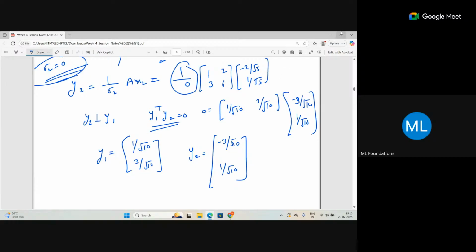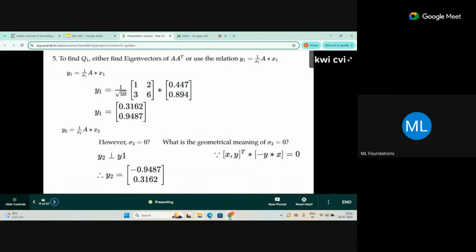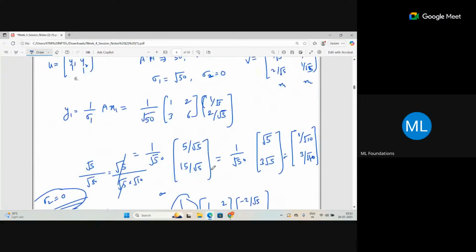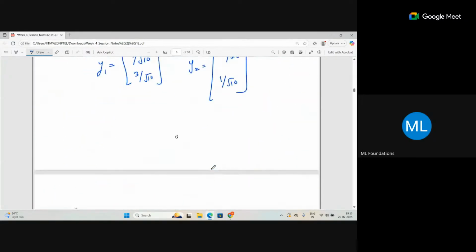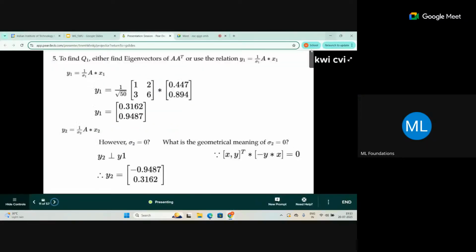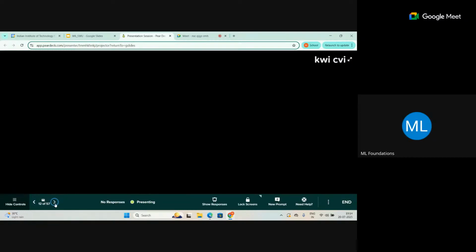So that's how you can find it out. What was the other way? If I don't want to do this, find out A transpose and then find out its eigenvectors. For A A transpose, the eigenvalues are going to be the same, 50 and 0. And I have shown you how to find the eigenvectors already, right? Just check whether you have done the calculations correctly.